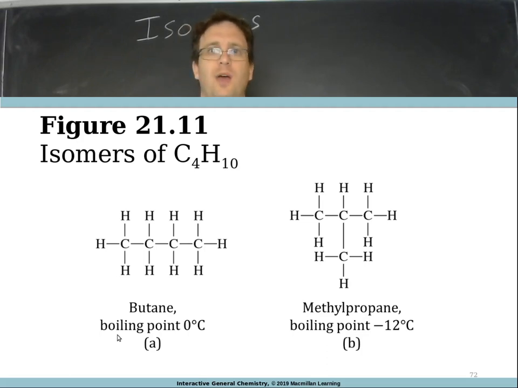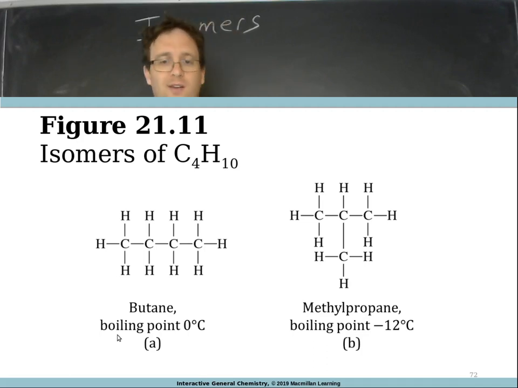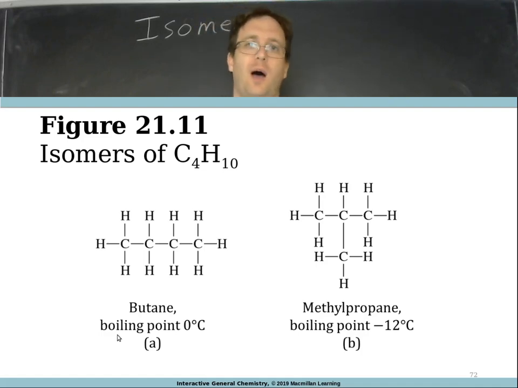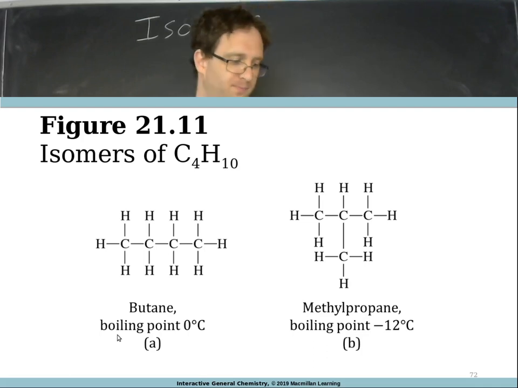They're both alkanes, but we'll see later today some isomers that are even more different than these. You can see how they've got the same number of atoms, but they're connected differently. For example, in methylpropane, that second carbon is connected to 3 neighboring carbons instead of just 2.